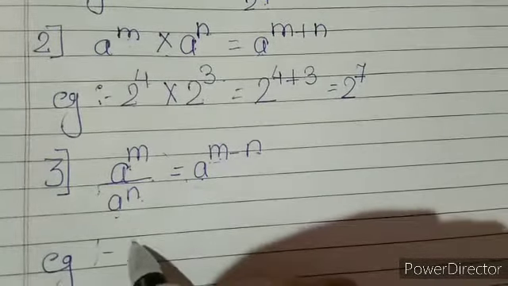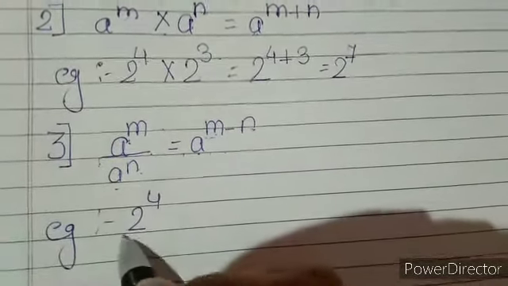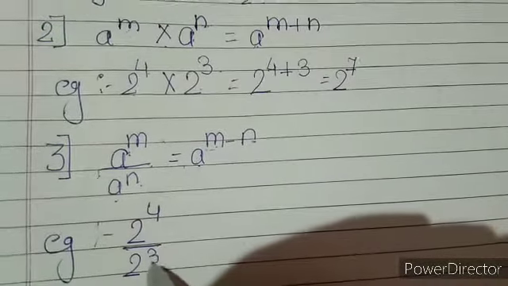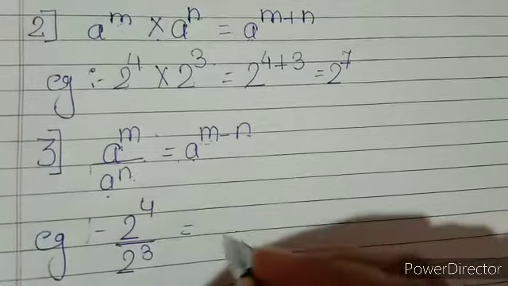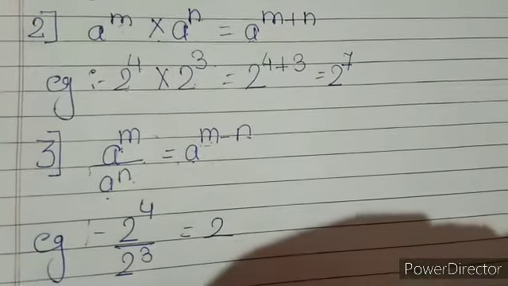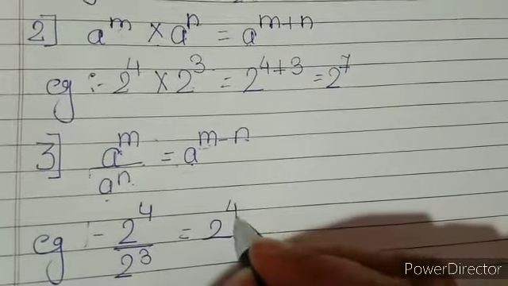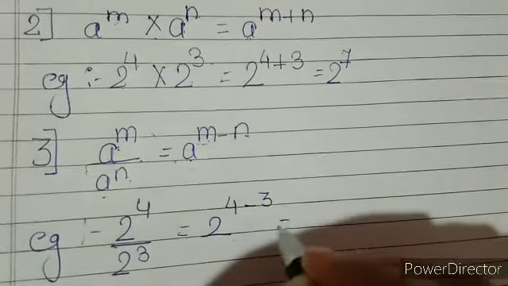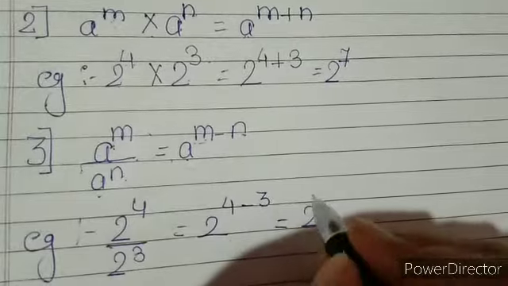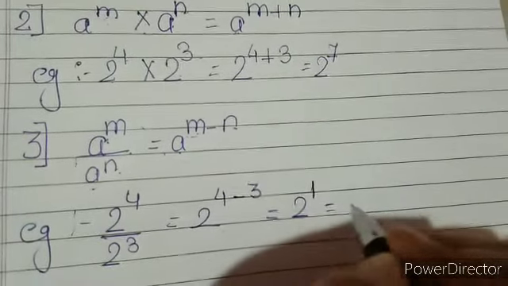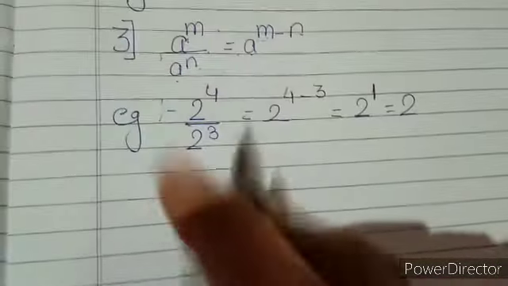The next example is 2 raised to 4, I am taking the same number, divided by 2 raised to 3. By using this law of exponents, we can write the base commonly one time and subtract their indices. So 4 minus 3 is equal to 1. 2 raised to 1 means 2 one time.